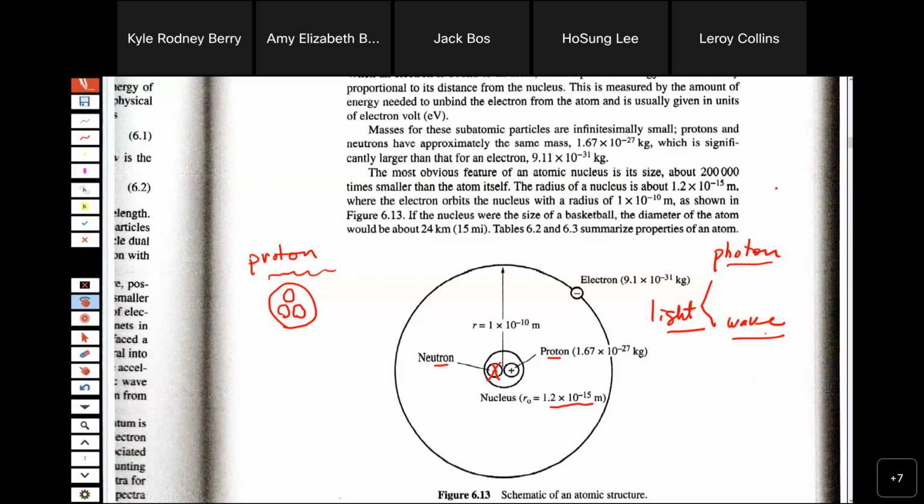The electron is the same, sometimes a wave and sometimes a particle. The electron mass is so small, 10 to the minus 31 kilograms, and the proton is 10 to the minus 27, so it's about 10,000 times greater.